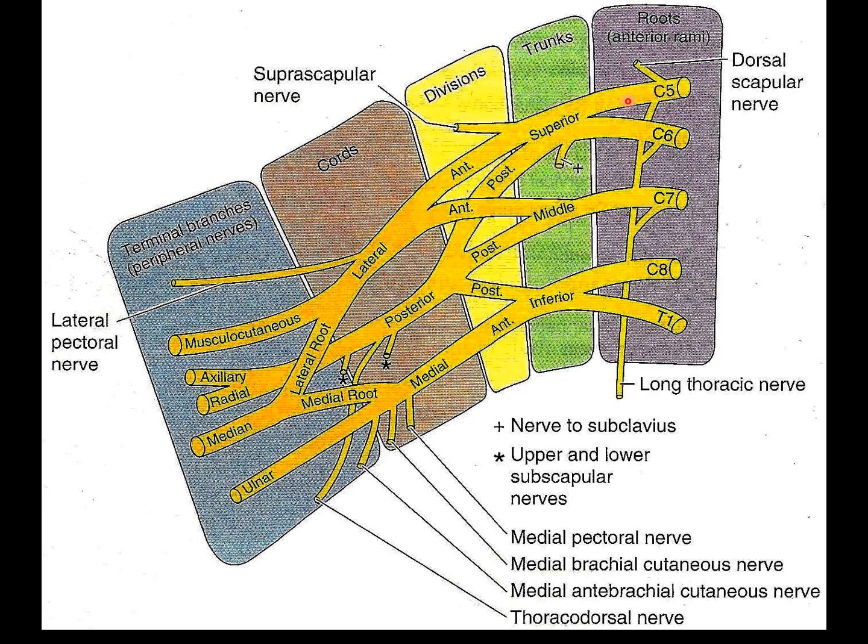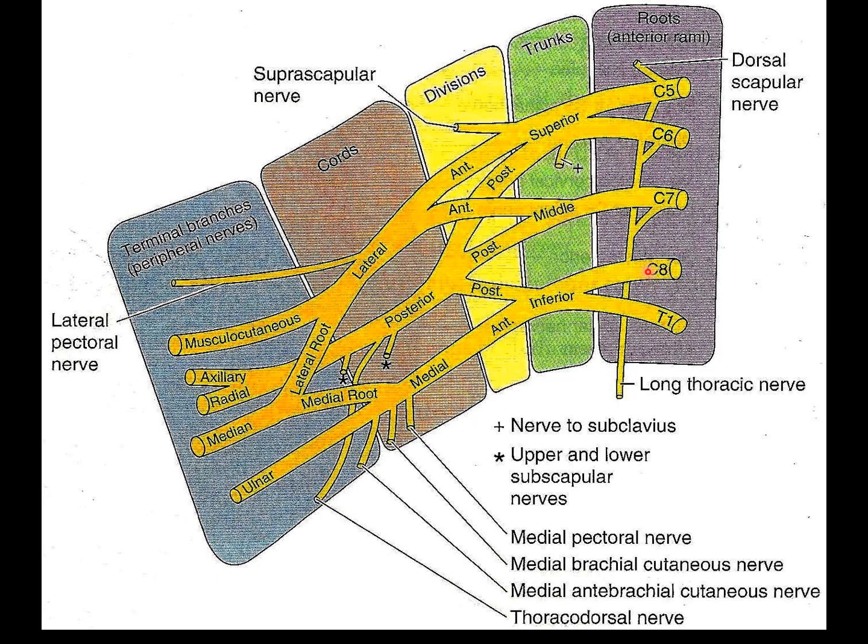As they come out, the C5 and C6 roots unite together and form a trunk. Trunk means much thicker than the two nerves. So this thicker portion is known as the superior trunk. C5 and C6 roots unite together and form the superior trunk. C7 continues as the middle trunk. It is not uniting with any other branch, it's just going forward and becoming the middle trunk.